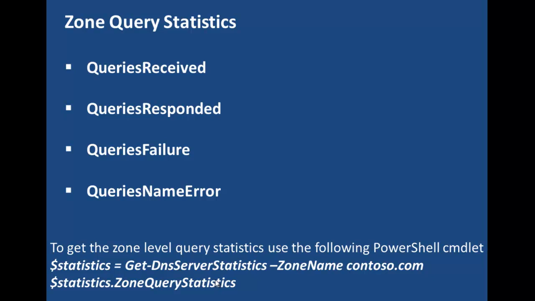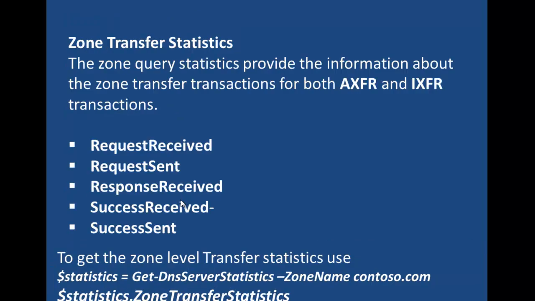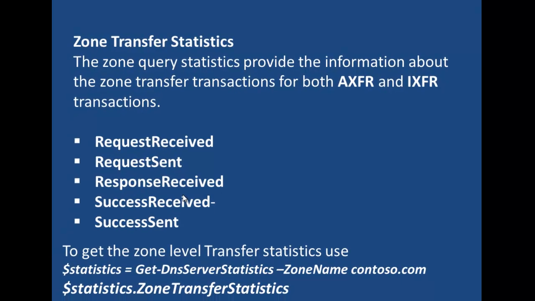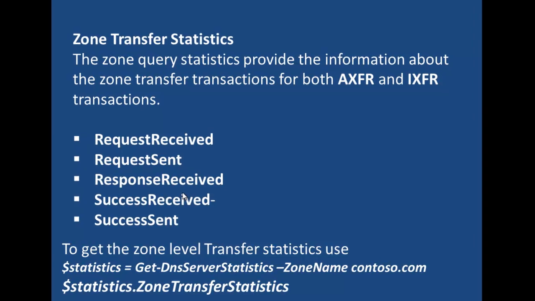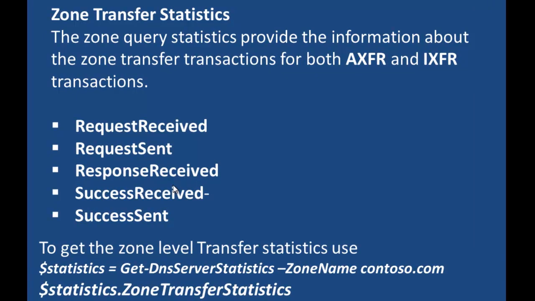And that will give you a list of the queries received, queries responded, queries failure, queries name error. The statistics are provided for each record type. You have your PTR record, your CNAME record, your A record, all types of DNS records. You are able to view queries per zone.